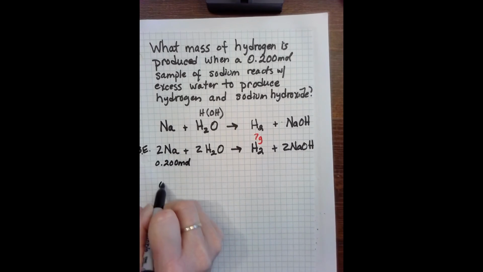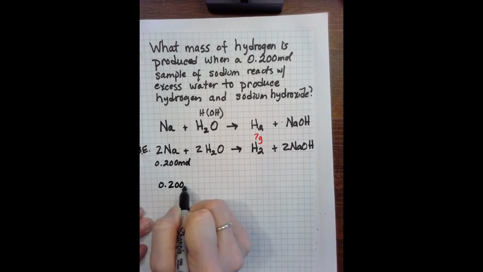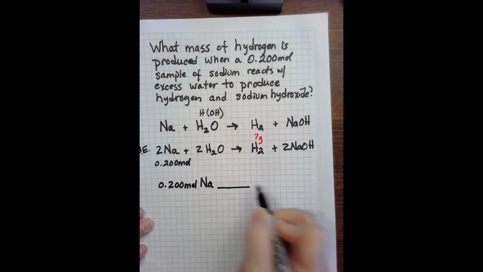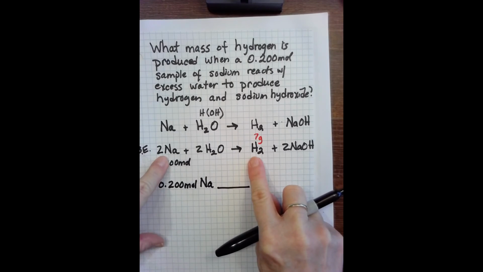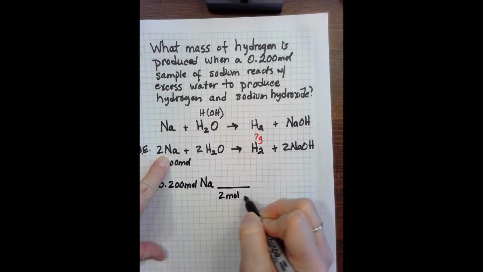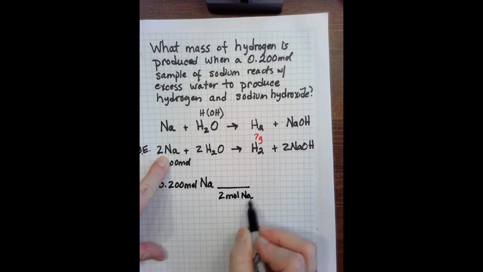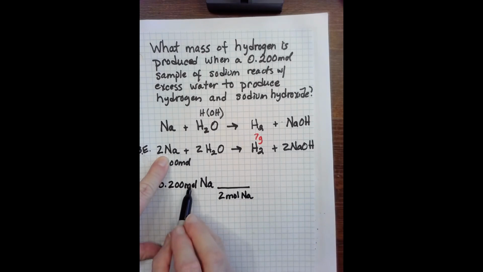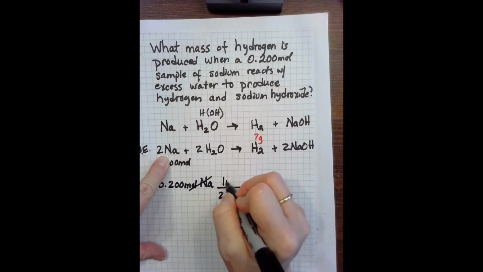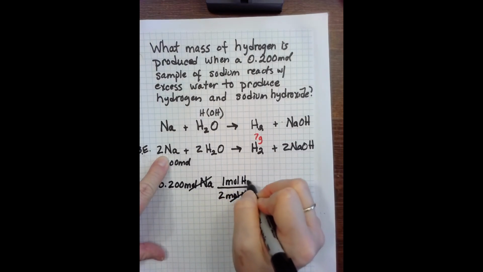So 0.200 mole Na. Here's where we change the conversation with this mole ratio. The balanced equation says 2 moles of Na. Notice I always try to write my denominator first because I want these words to cancel. And then 1 mole of H2.